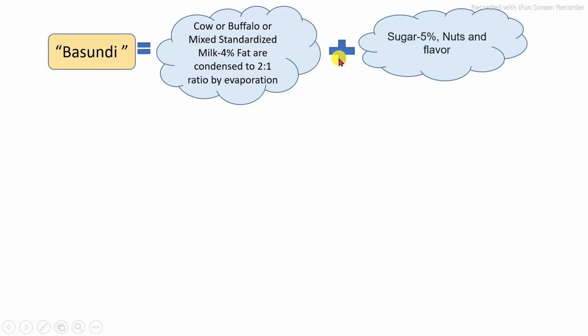Sugar is added up to 5% as per our requirement, and nuts and flavors may be added with fruit pulp or juice, etc., as per our requirement.